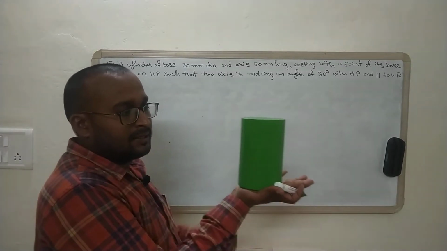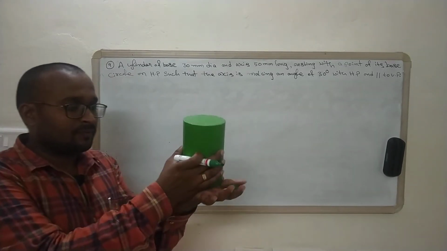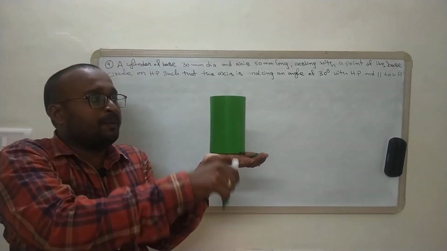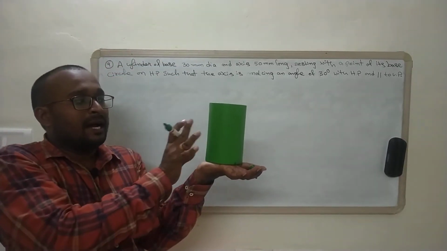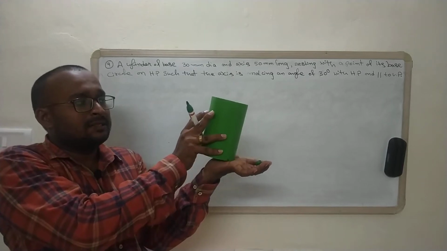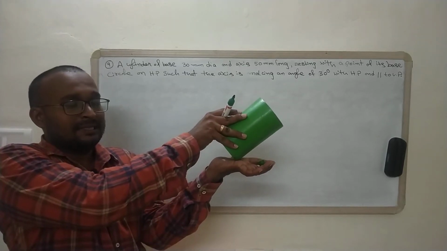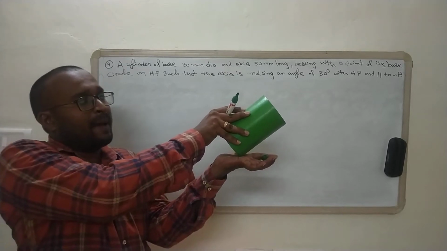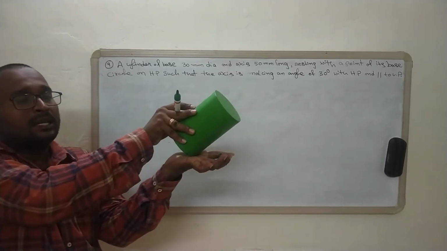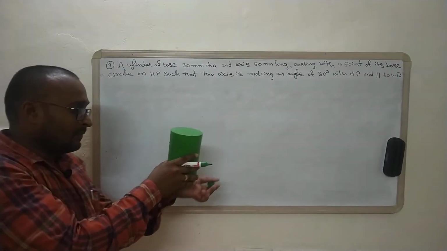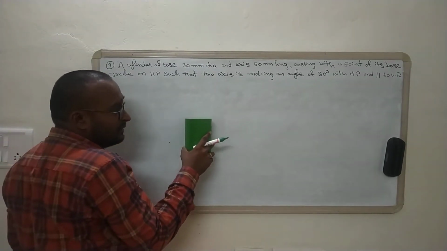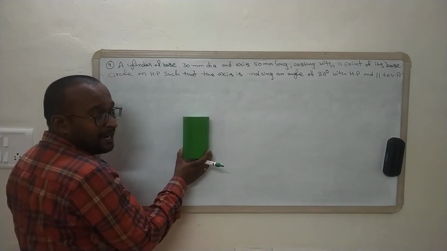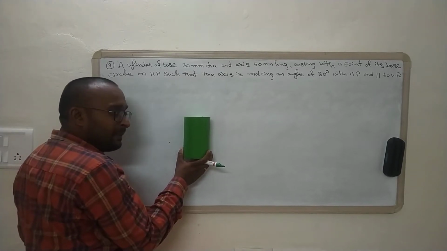So here the initial condition is the axis is perpendicular to the HP and parallel to the VP, and then now the condition is the axis is inclined at an angle of 30 degrees to the ground and parallel to the VP, right? So initially we have to imagine that the axis is parallel to VP and perpendicular to HP.